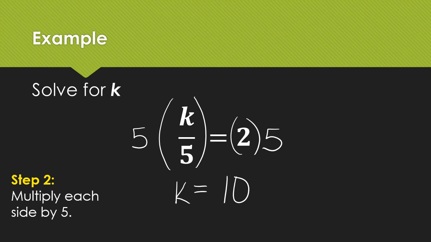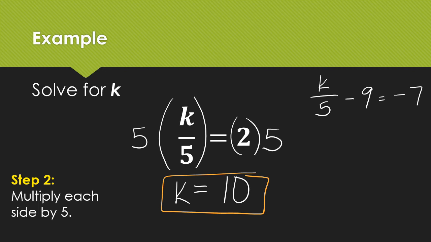And so what we can do is go back and check our work here. Our original equation was k divided by 5 minus 9 equals -7. In order to check our work, we're going to fill in 10 for k. So we're going to do 10 divided by 5 minus 9 equals -7.